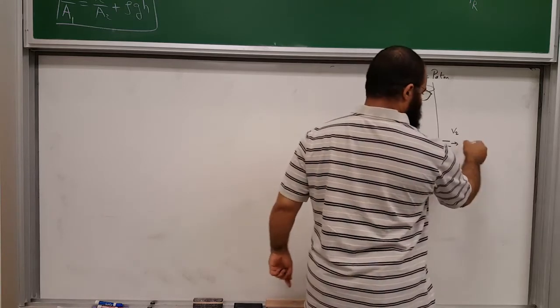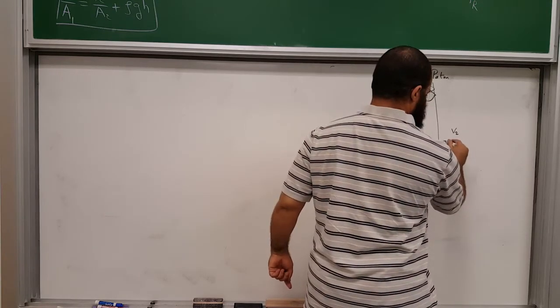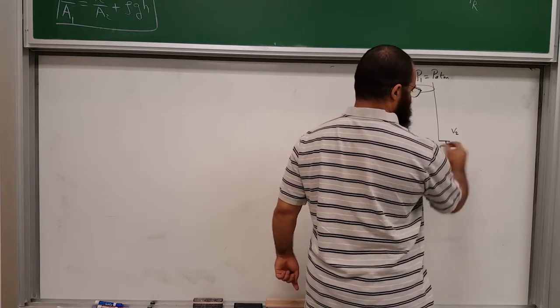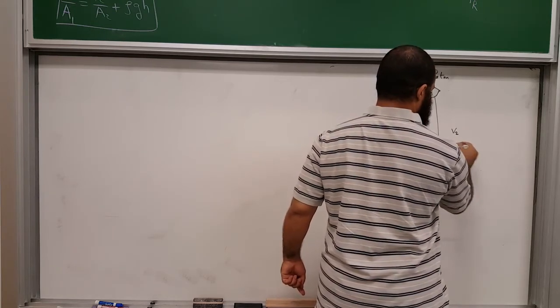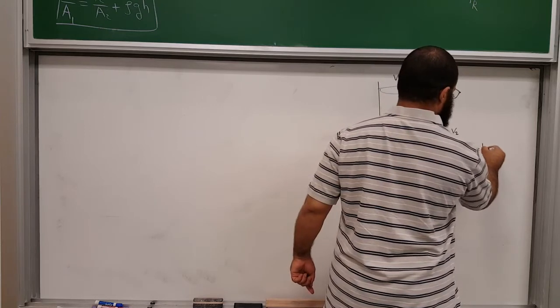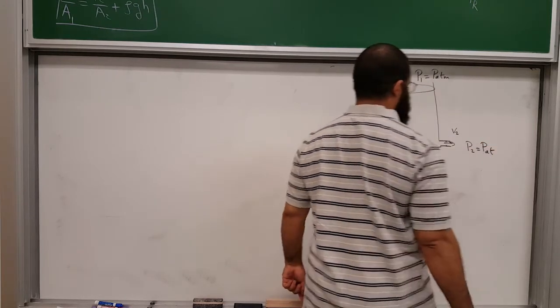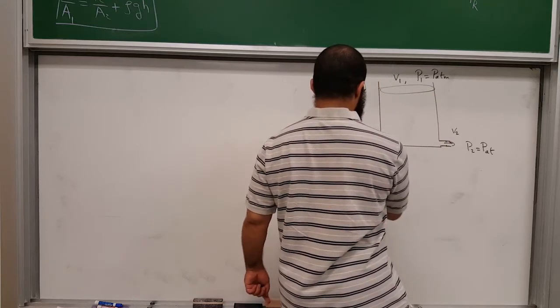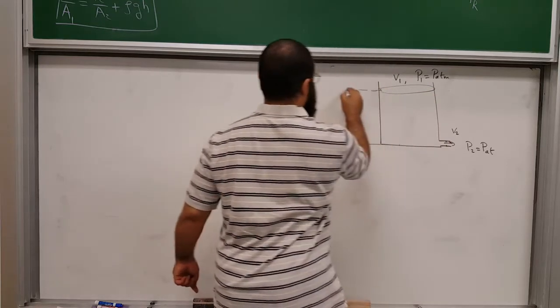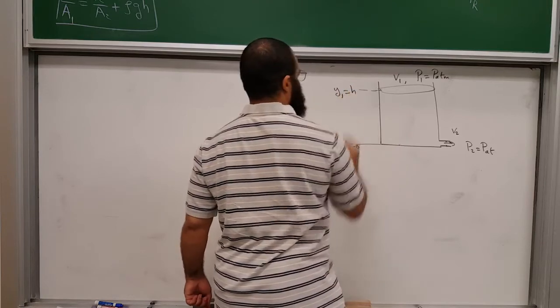And here also, let's say the moment it starts to flow, it is the atmosphere here. So the fluid will come out, and P2 is also P atmospheric. Okay? And let's say here is Y2 equal to 0, and Y1 is equal to the height.